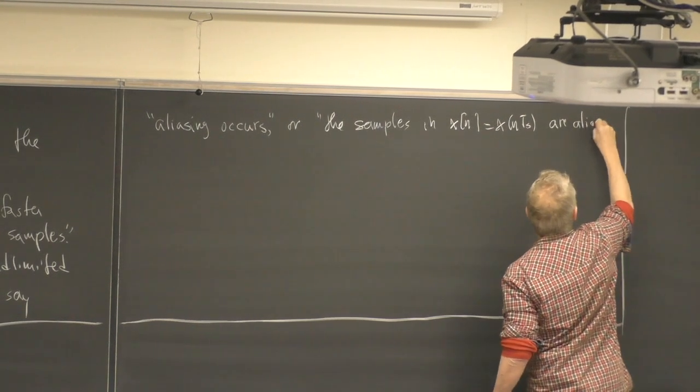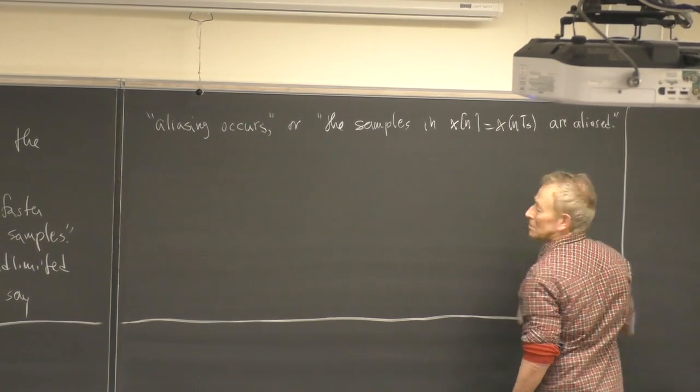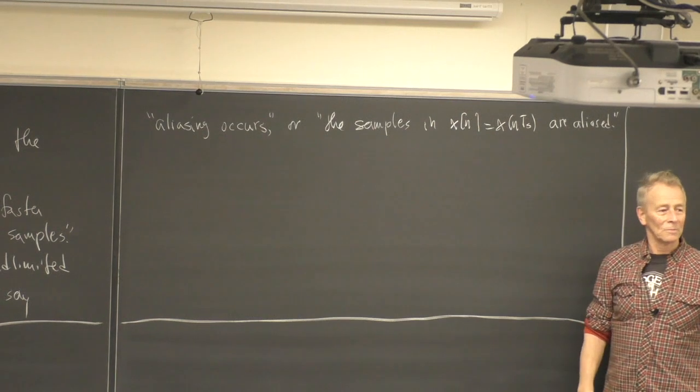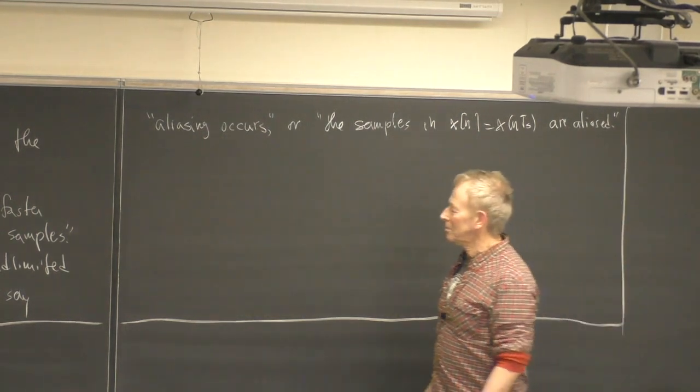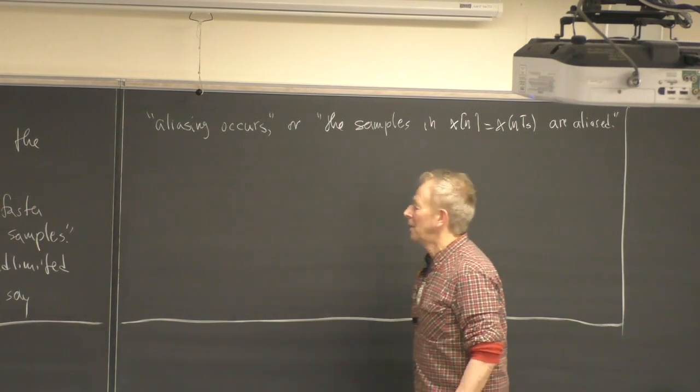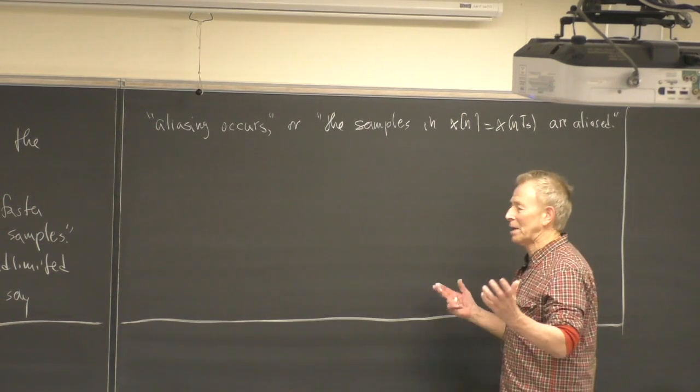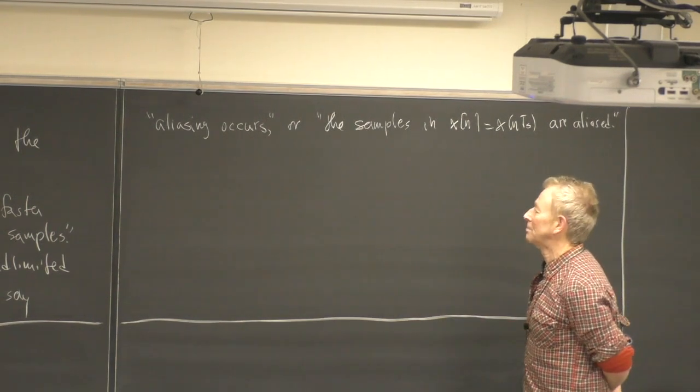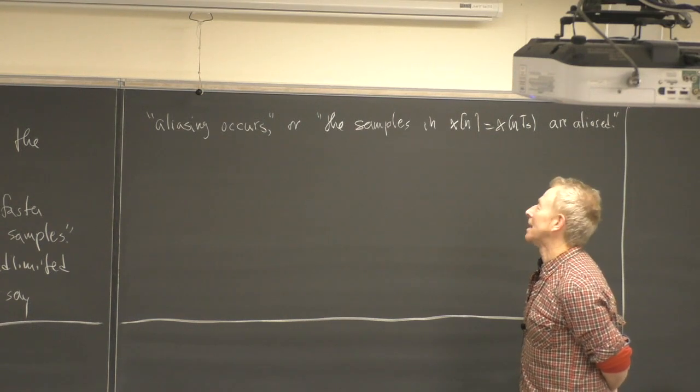That's another thing that people say. That's the kind of talk that people give around the situation where you're not sampling a signal faster than its Nyquist rate. And they also say that when x of t is not even band limited, so it doesn't even have a Nyquist rate. But anyway, aliasing.